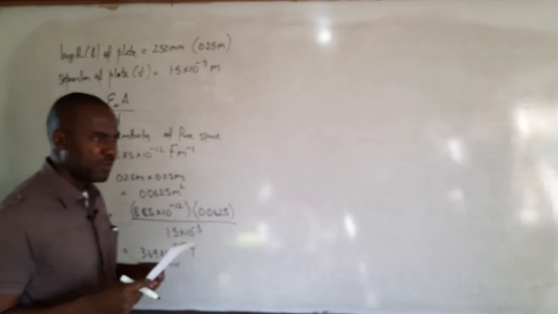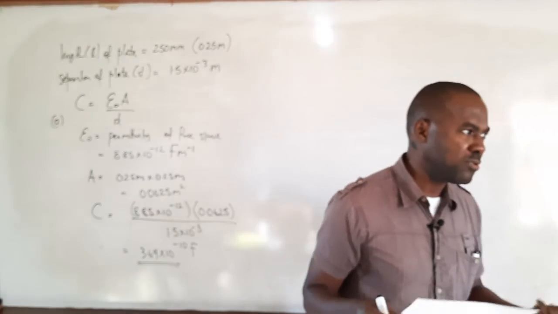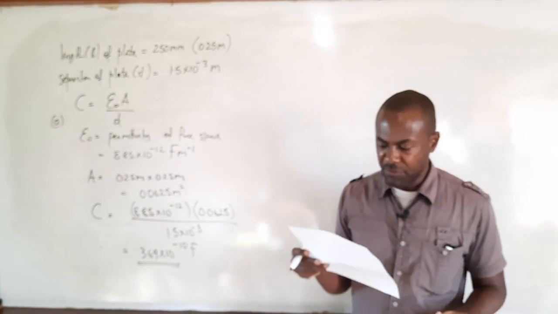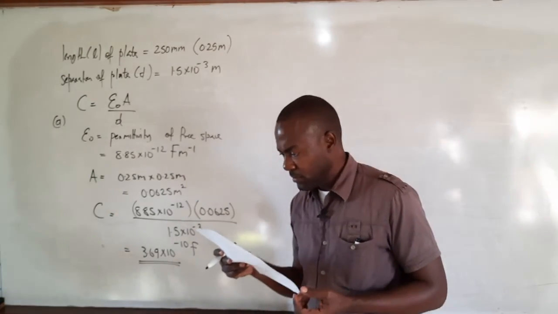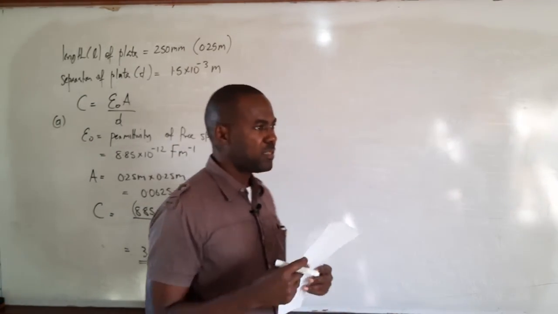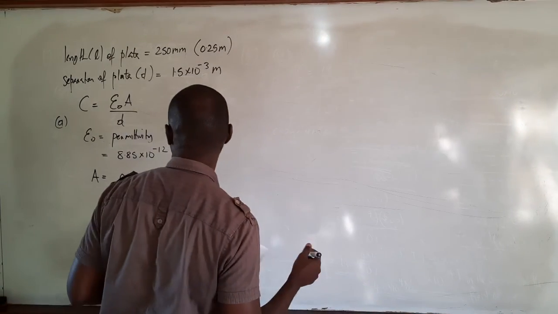Now, whenever there is some dielectric material between the plates of a capacitor with relative permittivity epsilon R, then basically the formula becomes this.